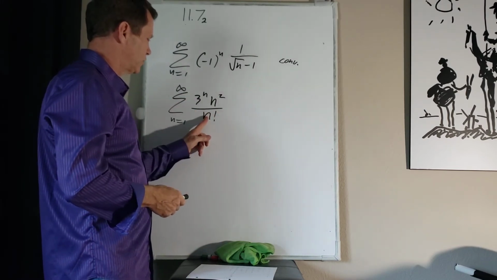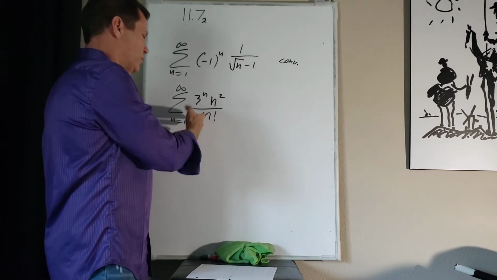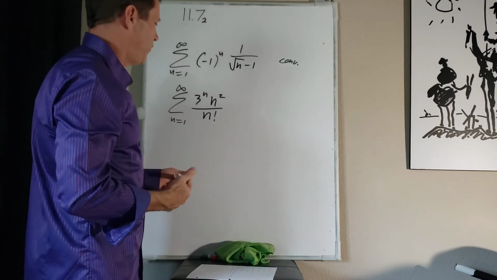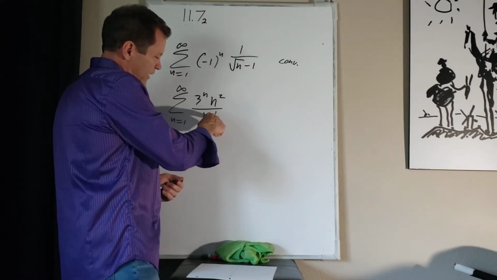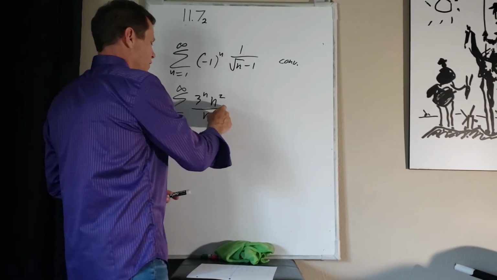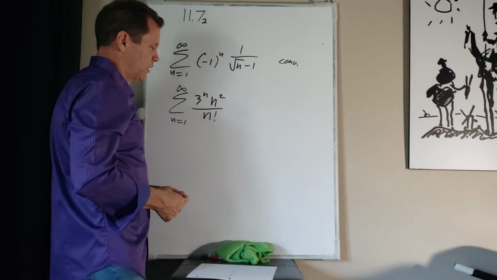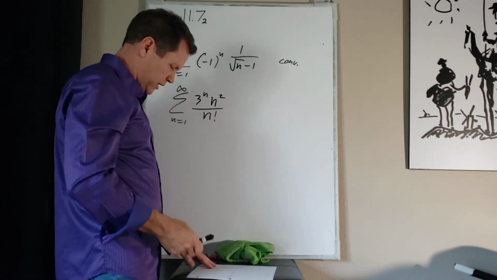They do, because this is a screaming fast function. It's faster than either of these two. But you might have to do a little work to show this goes to 0. If you're a little confused, you can use the ratio test. It's got a factorial in it, so I'm automatically going to use the ratio test on this. I do believe that one's going to converge. Pretty positive, but I'd have to prove it using a ratio test.